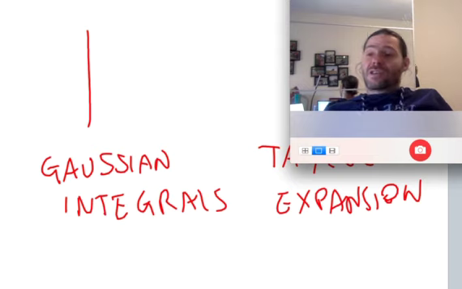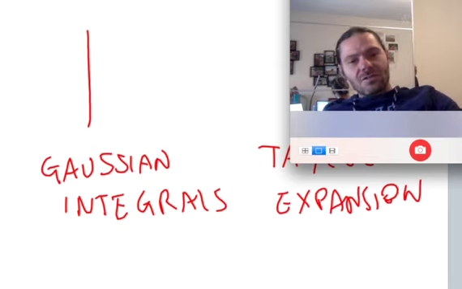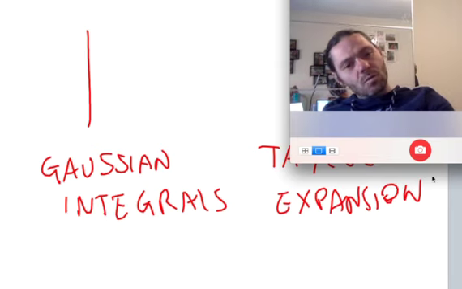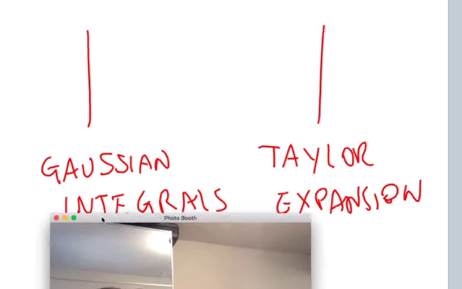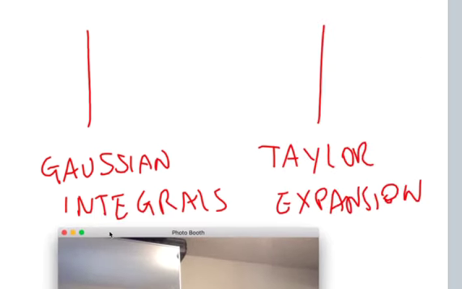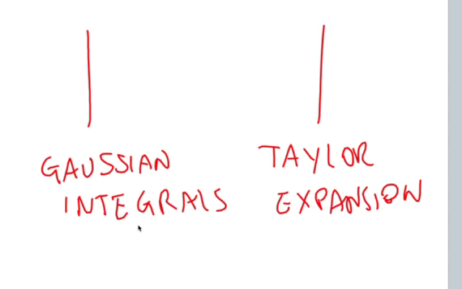And perturbation theory is basically a Taylor expansion. So these two main tools, the ability of performing Gaussian integrals and the possibility of Taylor expansions, are the main tools we have at our disposal that enable us to solve mathematical problems in theoretical physics.